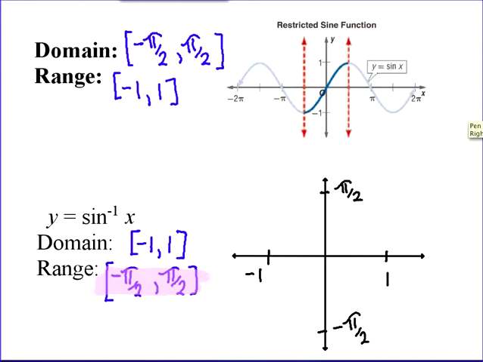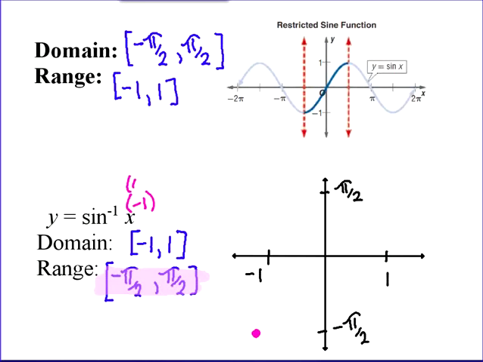I will need to find the value at negative 1. On your calculator, what is the inverse sine of negative 1? Negative 90. What's negative 90 equivalent to? Negative pi over 2.